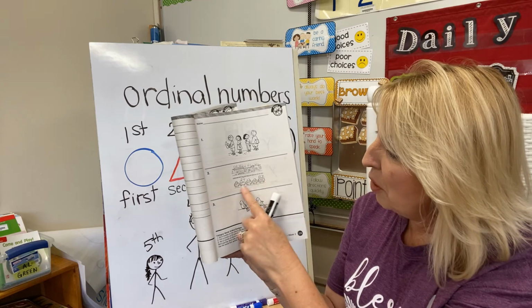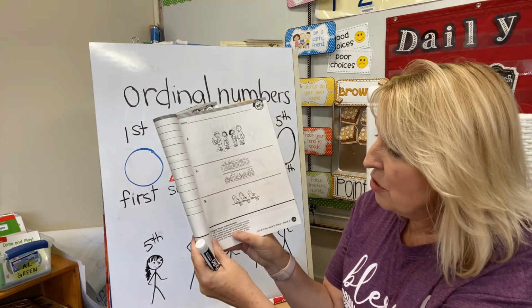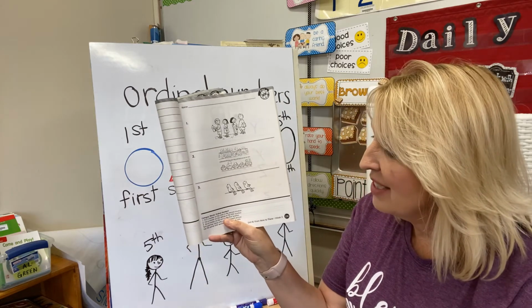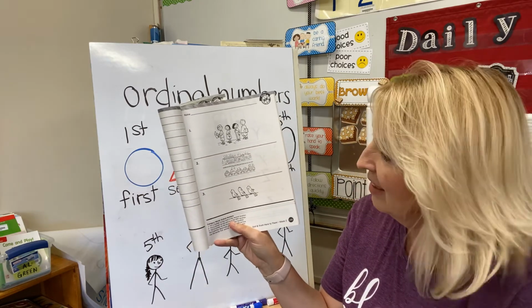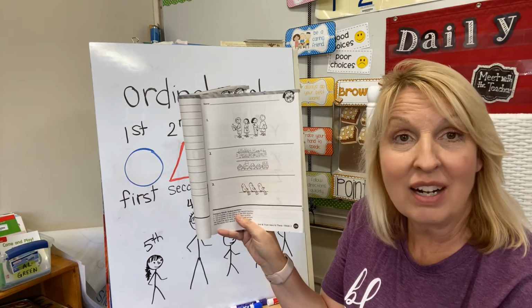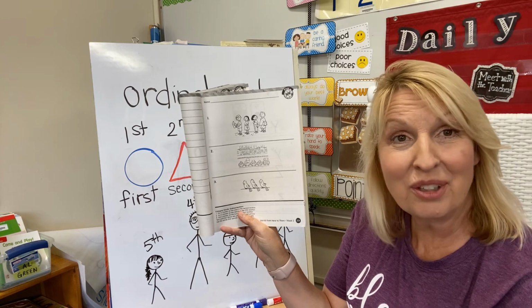Down here you have a row of cars, and they want you to put a marker or circle the car that's in the fifth location. If you're going from left to right, you're going to count which car is the fifth car and circle it.